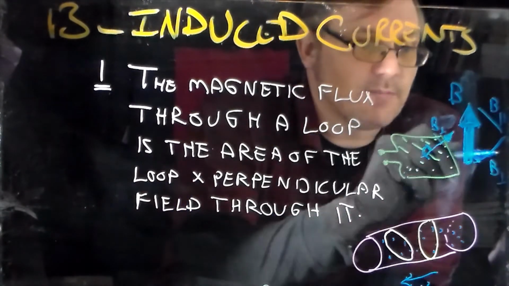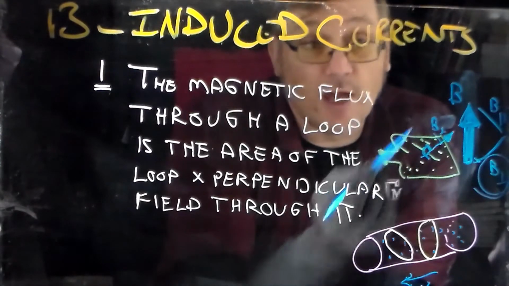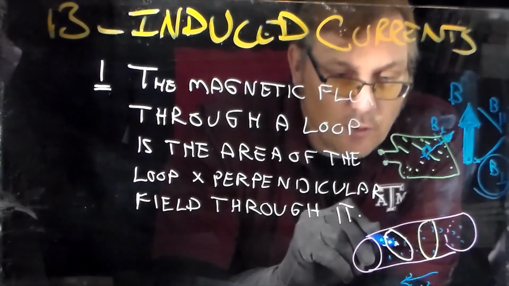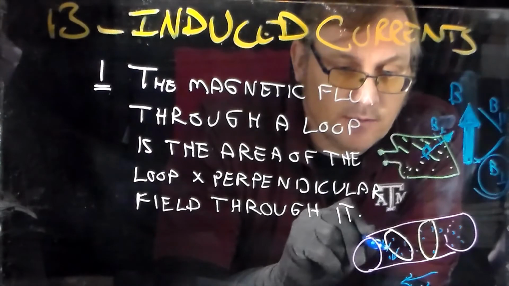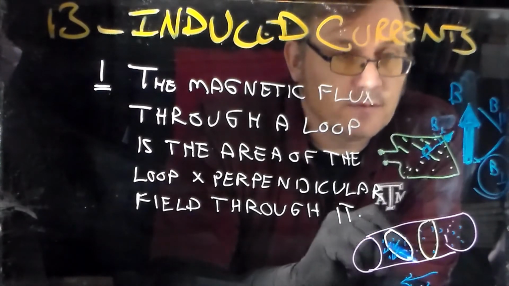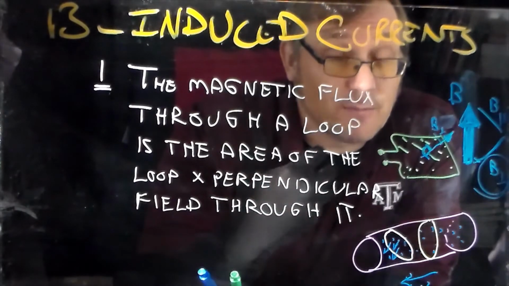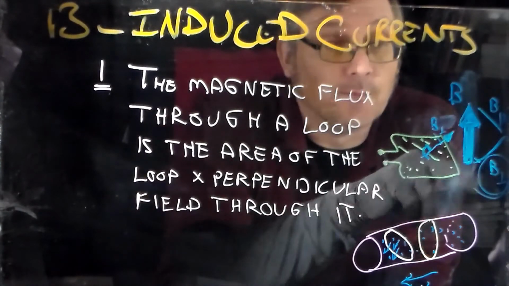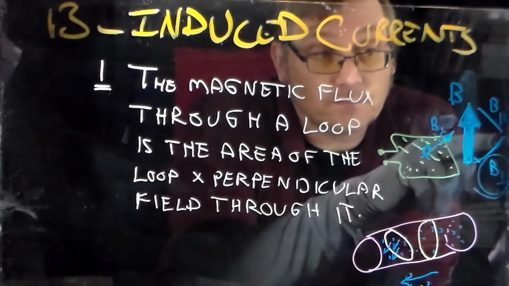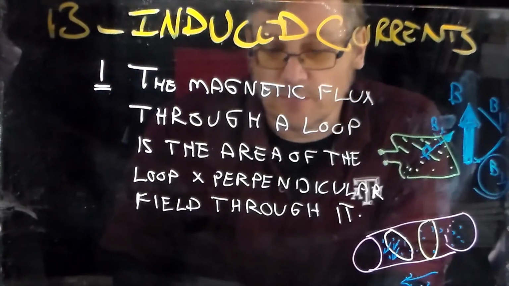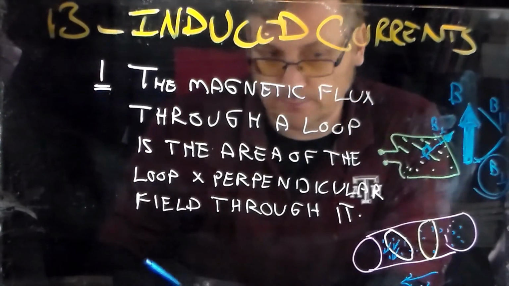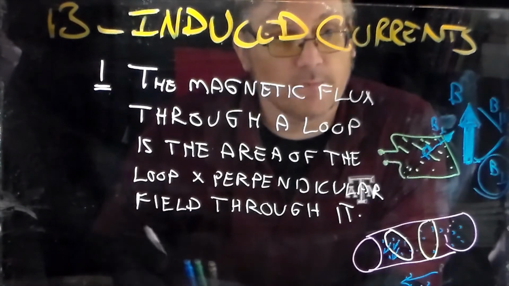We only care about this part, the part that's going directly through that loop. In the same way here, we only care about going this way over here. Or we could say the effective area is the same because it has the same area in the cross section. So that's the part of the field we care about.